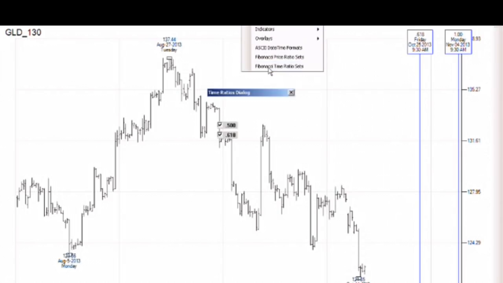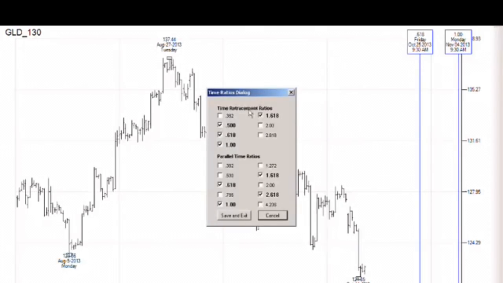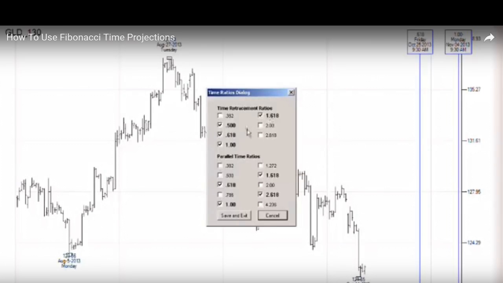And the settings, Fibonacci time ratio sets, have all of the ratios you can use with either time retracements or parallel times. I'm digging this parallel time stuff because it's like parallel universe stuff, you know. Like if I mess up this account, my other account, my real life, on my other planet that I live on, I could just go to that account.